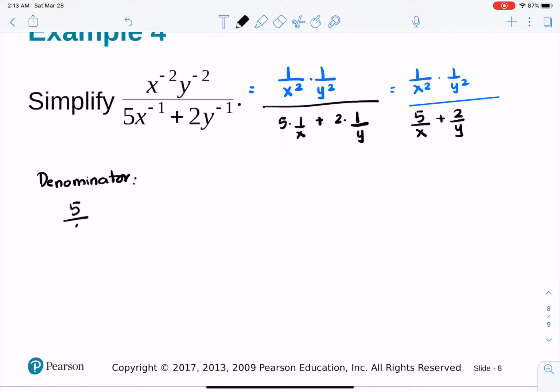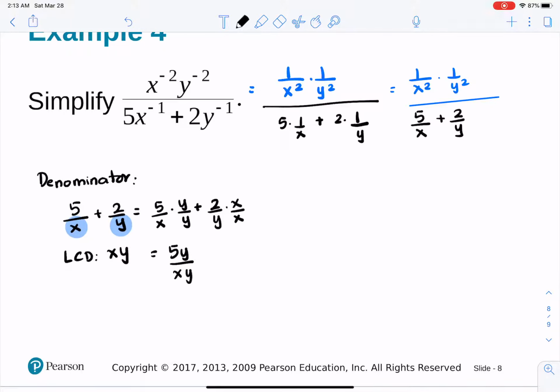So 5 over x plus 2 over y is what we have. There is nothing in common between x and y, so the LCD is xy. I'm going to multiply and divide the first fraction by y so that I get the denominator as the LCD. Multiply the second fraction and divide by x, so x over x. So we get 5y over xy plus 2x over xy.